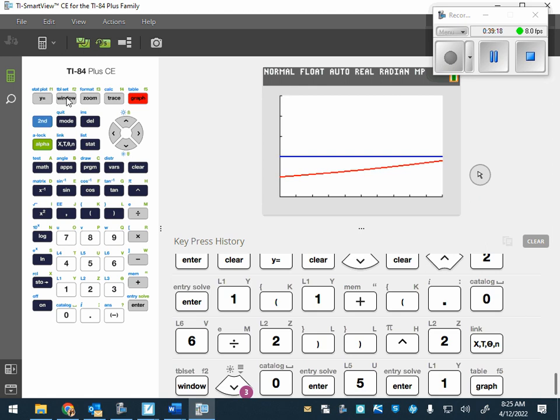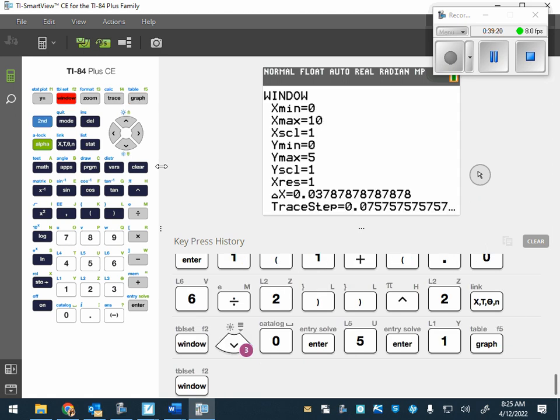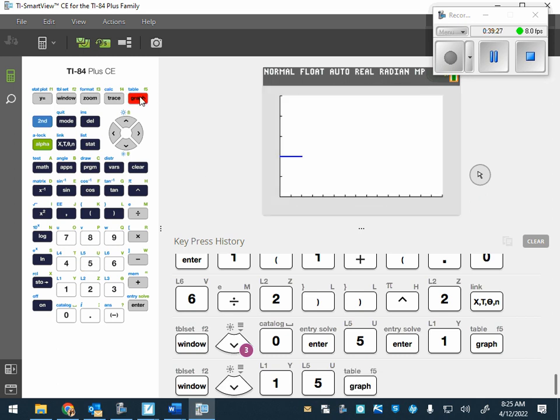So go back to your window. X max, let's do 15 or 20, whatever you choose. So you have to see this intersection.